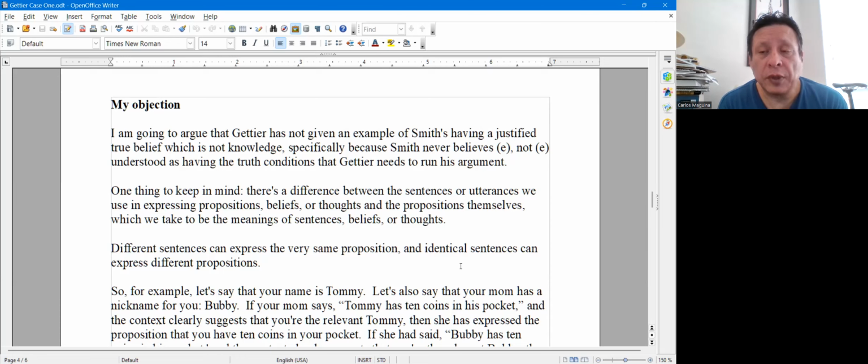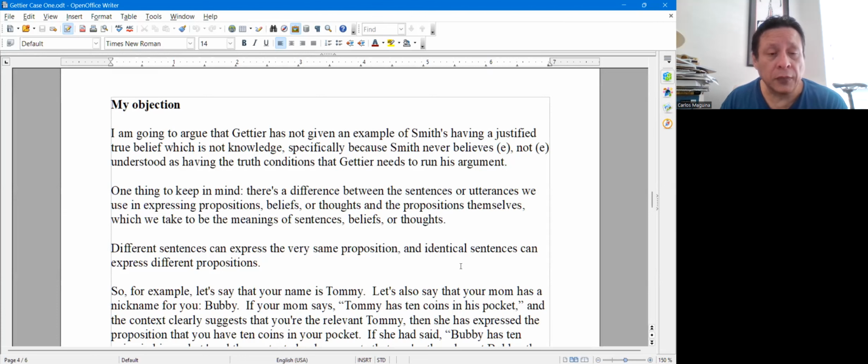Remember, I highlighted that Gettier says that the truth conditions for E involve Smith and the coins in Smith's pocket. Now I'm saying that's not correct.